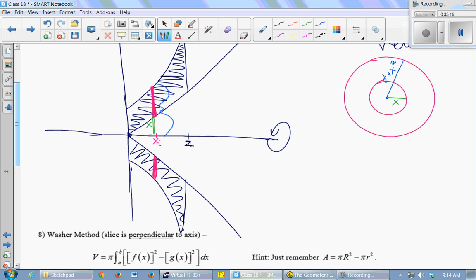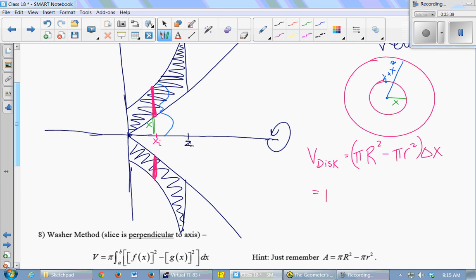So then I find the volume of my disk, which is pi r squared minus pi r squared. And then the width or the depth or the height or whatever dimension you want to call it, the third dimension of the disk is delta x, the thickness of the disk.